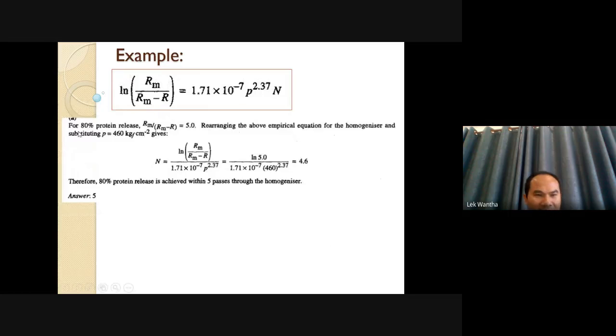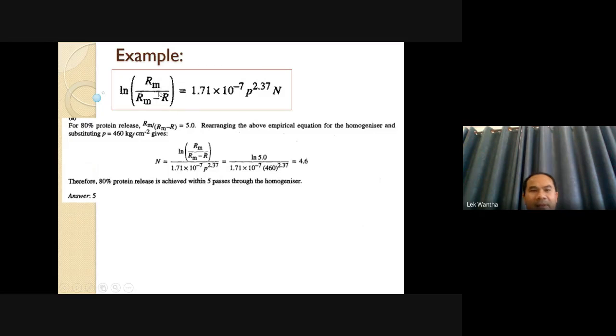Okay. For 80% protein release, you substitute 80. You get Rm divided by Rm minus R, where Rm is 100. 100 minus 80, you get 100 divided by 20 is 5. This is log 5.